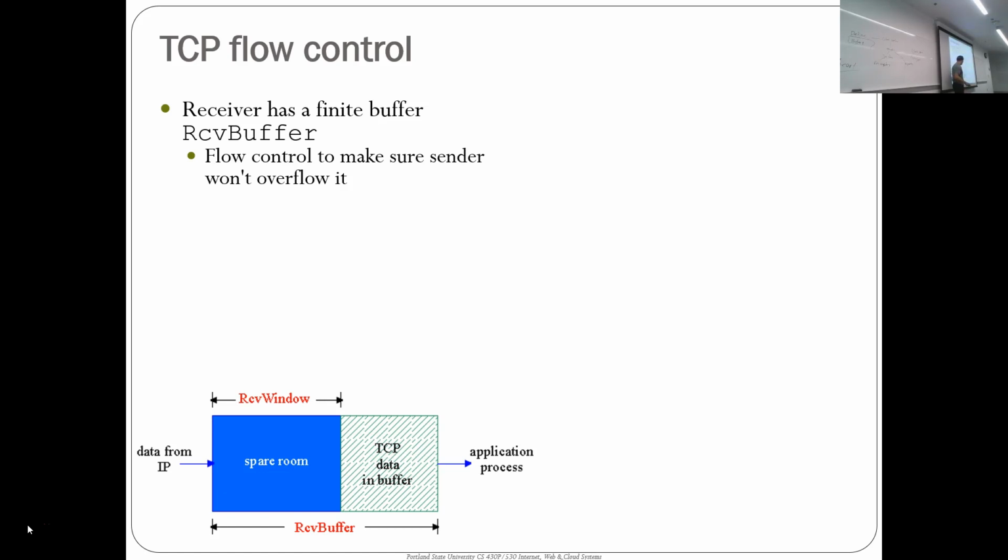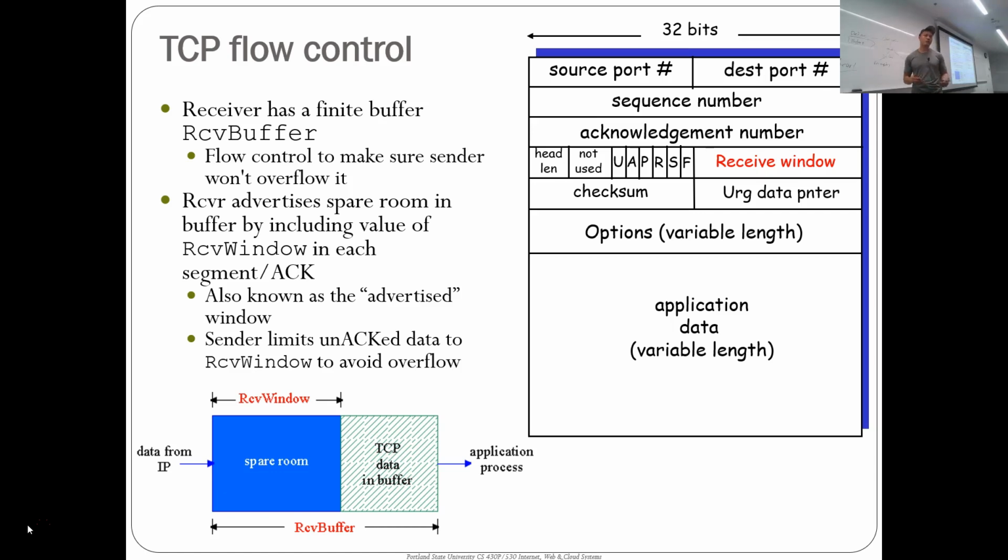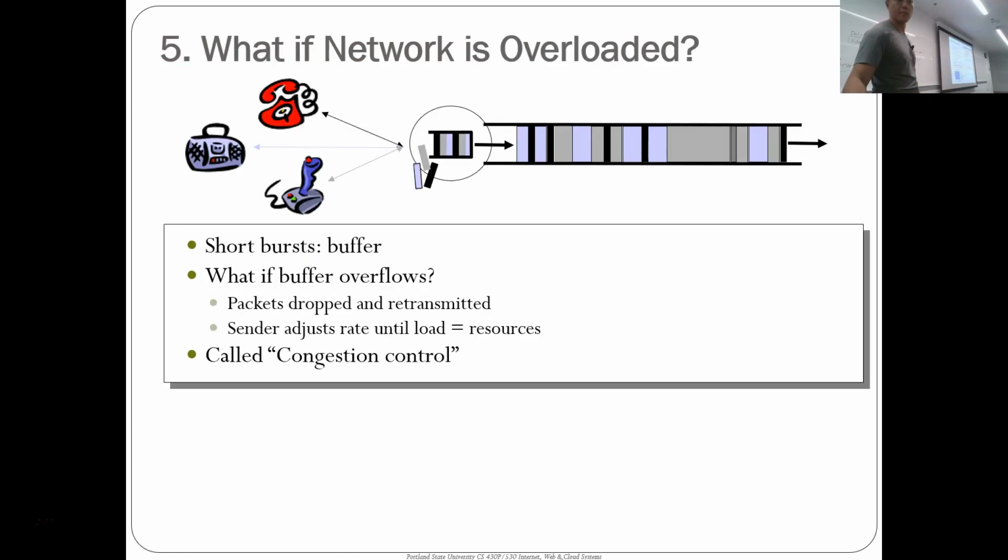And so it's basically the size of the buffer minus the size of the data that's currently being queued for delivery to that receiving application. And so this window is advertised from the receiver to the sender every acknowledgement. So every acknowledgement going from the receiver back to the sender will have this amount of space in this buffer sent as an integer in the packet header. So that's how it does. This is considered flow control in TCP.